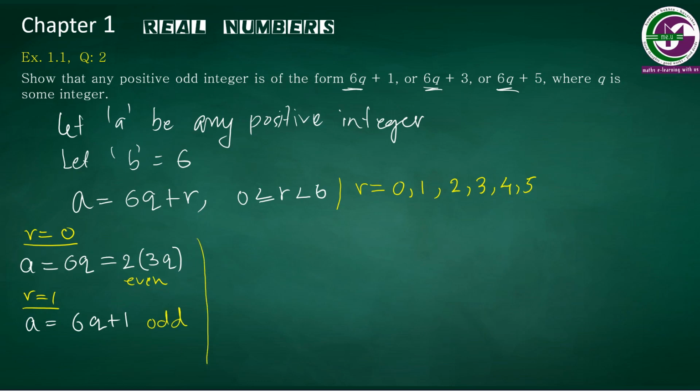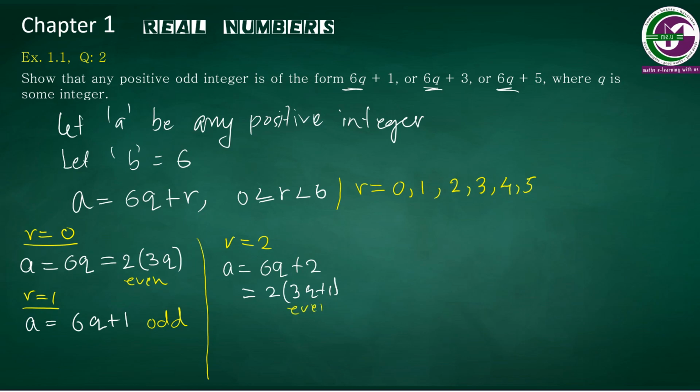Now, next we'll substitute r is equal to 2. We get a is equal to 6q plus 2, which can be written as 2 times 3q plus 1. As said, a multiple of 2 is an even number. So this is even.